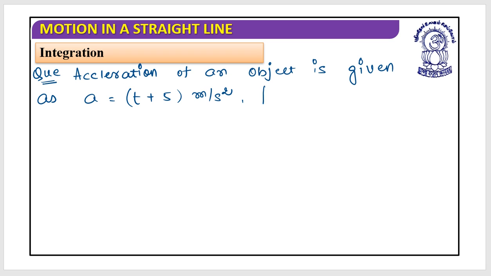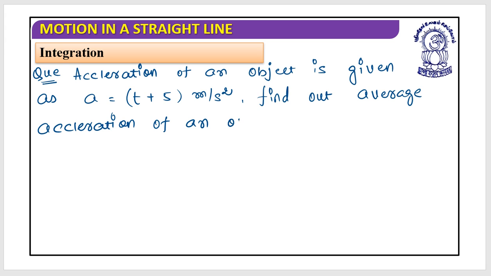You have been asked to find out the average acceleration of the object from t = 0 to t = 5 seconds. This would be the thing.